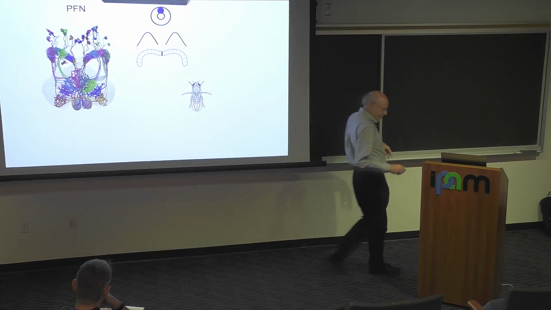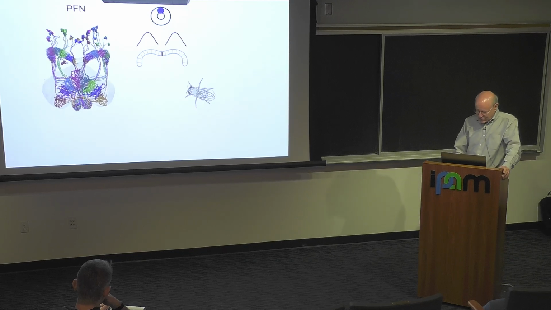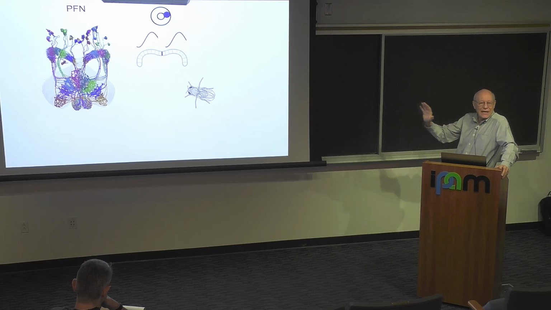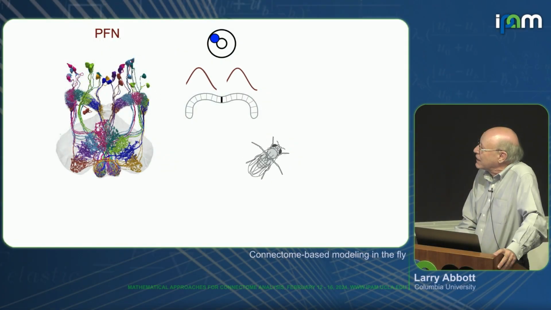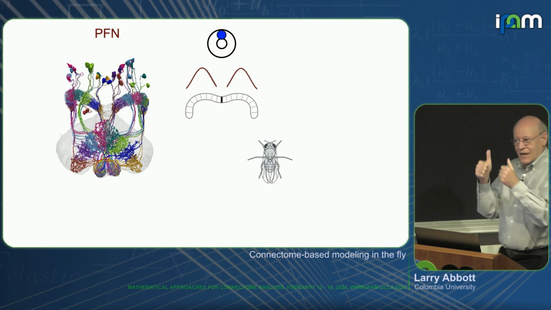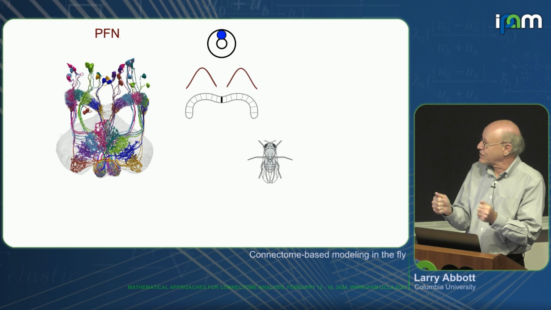And they're yoked together. So if you image this and the fly turned, what would happen is the bump would turn and these guys would slide over by equivalent angle and they would slide back and forth in concert with the bump.